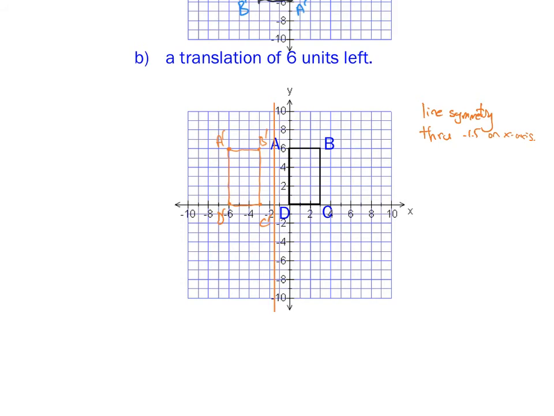How about rotational symmetry? Well, that would be the middle point there. So we could have 180 degrees rotational symmetry about that point.